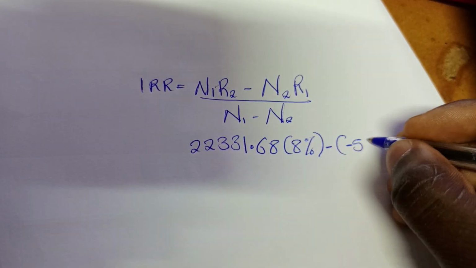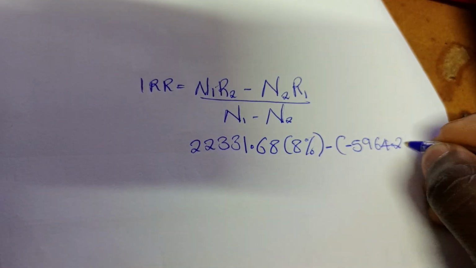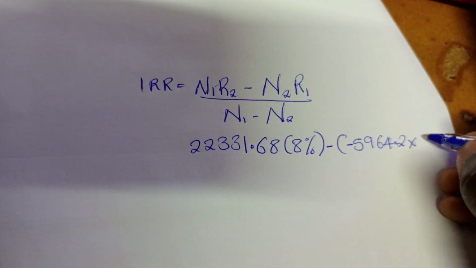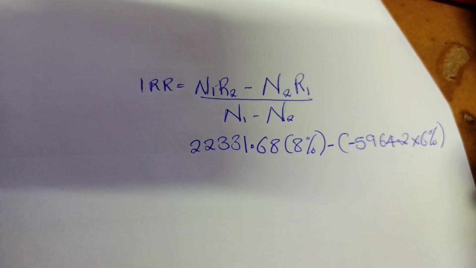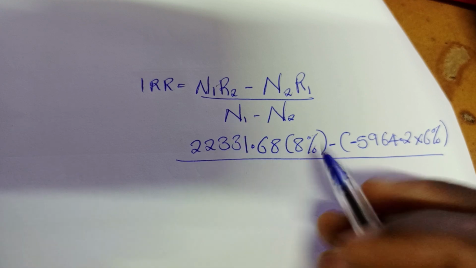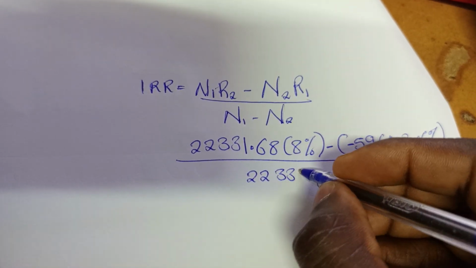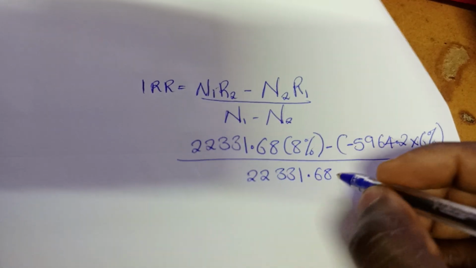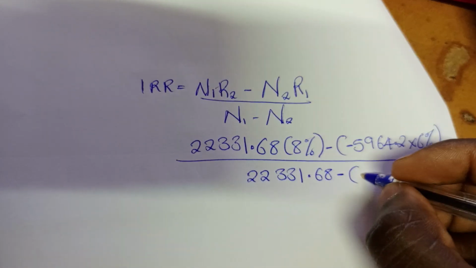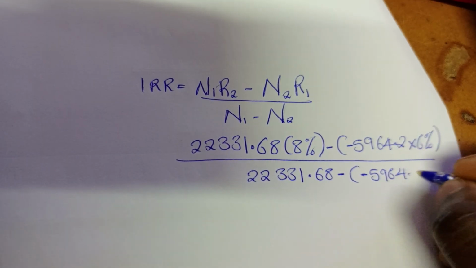negative 5,964.2 multiplied by the first percentage you used, which is 6%. Then you divide throughout. You know to say N1, the one you had is 22,331.68. You subtract with negative 5,964.2.